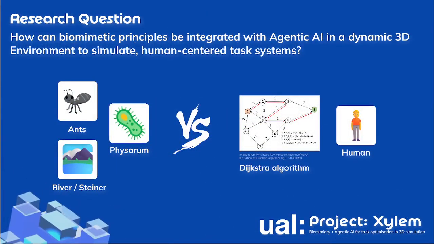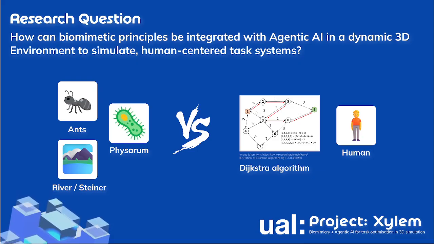Continuing on, my research question is: how can biomimetic principles be integrated with agentic AI in a 3D dynamic environment to simulate human-centered task systems? For this, we have selected three different biomimicry layers: the ant colonies, the Physarum fungi example, and the river Steiner theory.